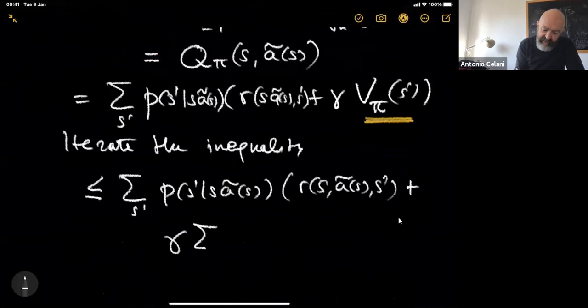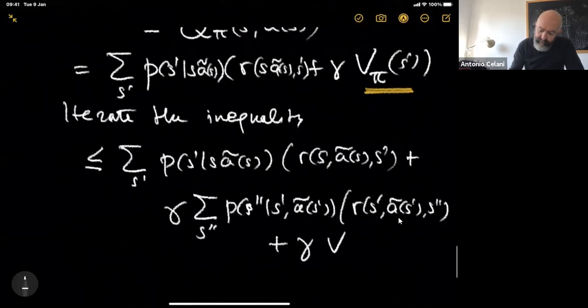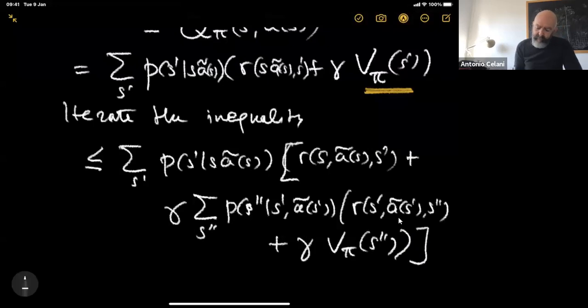So I have another sum inside here, now with respect to S second, P of S second given S prime, A tilde of S prime, times R of S prime, okay? And then I could do this again and again and again.